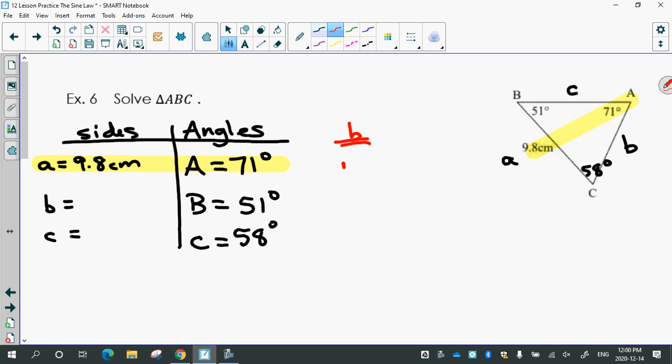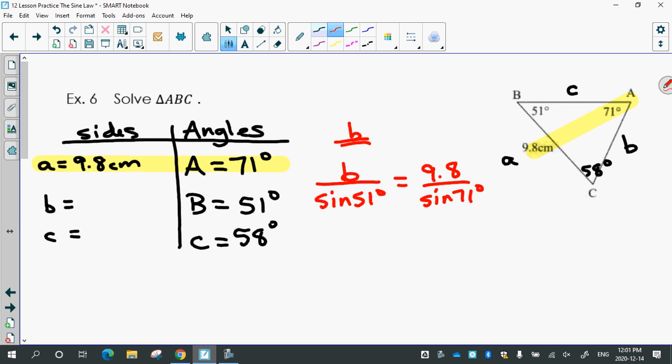So it's going to be b over the sine of 51 degrees. When you're finding a side, you want the side on top, remembering back to before lunch. And then equals the side you know, which is 9.8, over the sine of 71 degrees. Okay?